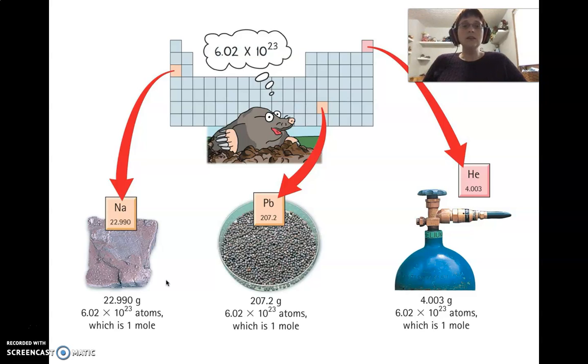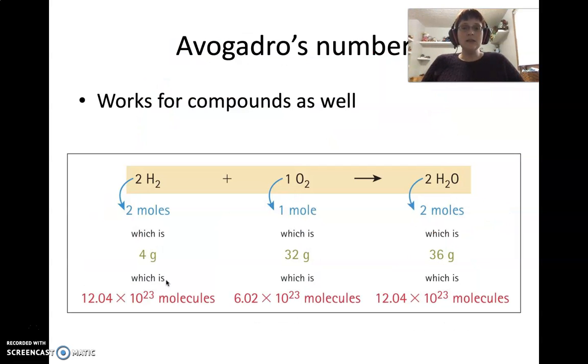So this is really helpful when we get into looking at things like equations, because it works for compounds as well. So we can do hydrogen. So hydrogen is 1, right? It's got an atomic mass of 1. And so what we can do, if we've got it in an equation like this, okay, so it's got an atomic mass of 1.